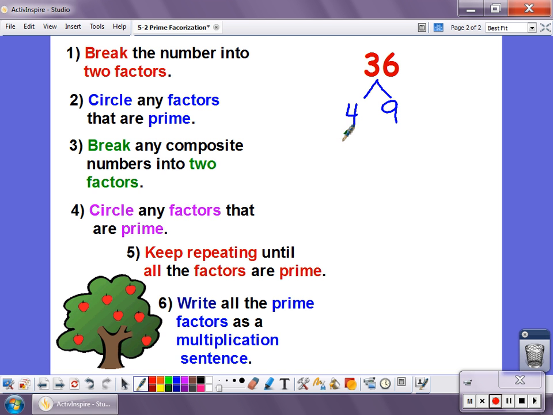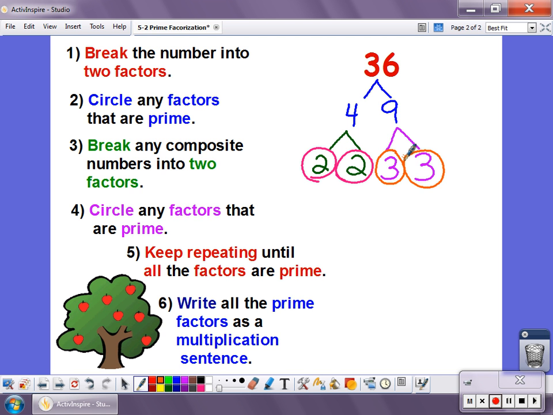I need to break 4 apart into two prime factors, and I know 4 is 2 times 2. Both of these numbers are prime, so I'm going to circle them because both of those are prime factors. And now I'm going to break apart my 9. 9 I know is 3 times 3, and both of these numbers are now prime factors, so I'm going to circle them.